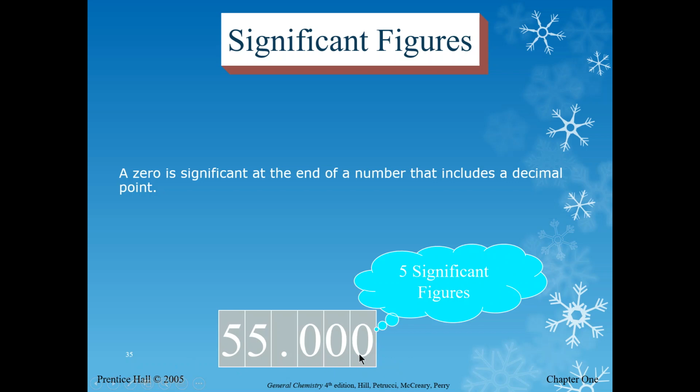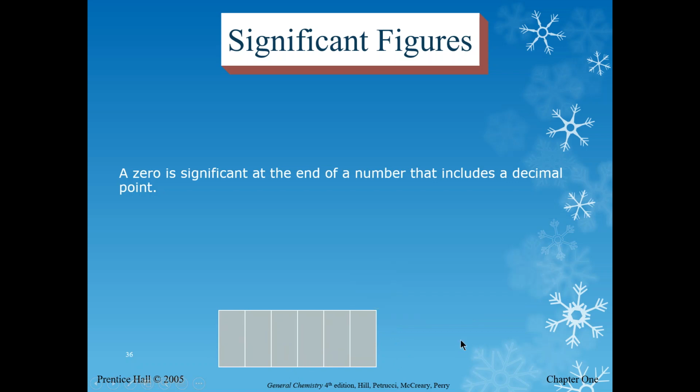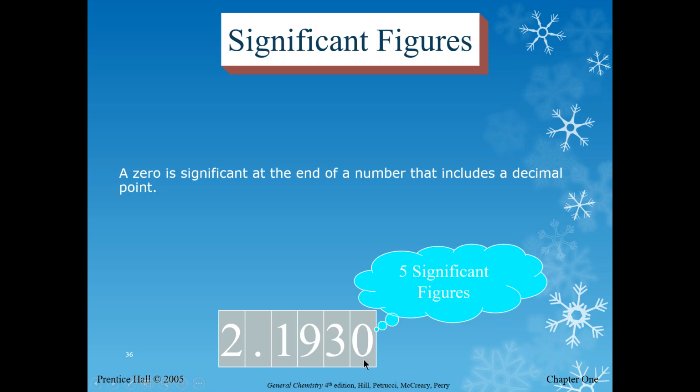These zeros are significant because they're at the end of the number and there's a decimal point in that number, right? So the total number of significant digits here would be 5. Here's another example. In this example, we have a 0 at the end of this number. Here's a decimal point. So that 0 is significant, and therefore the total number of significant digits here is 5.